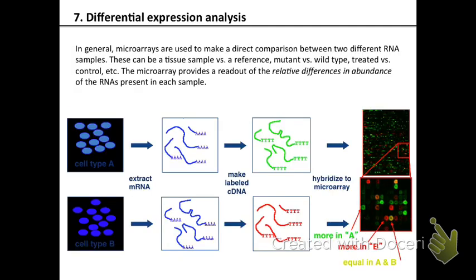So typically, when we use microarrays, we use this for differential expression analysis. What differential expression analysis means is you compare the expression of genes in one sample compared to another sample. Okay? That's differential gene expression analysis. So this comparison could be whatever you want based on your research experiment, right?